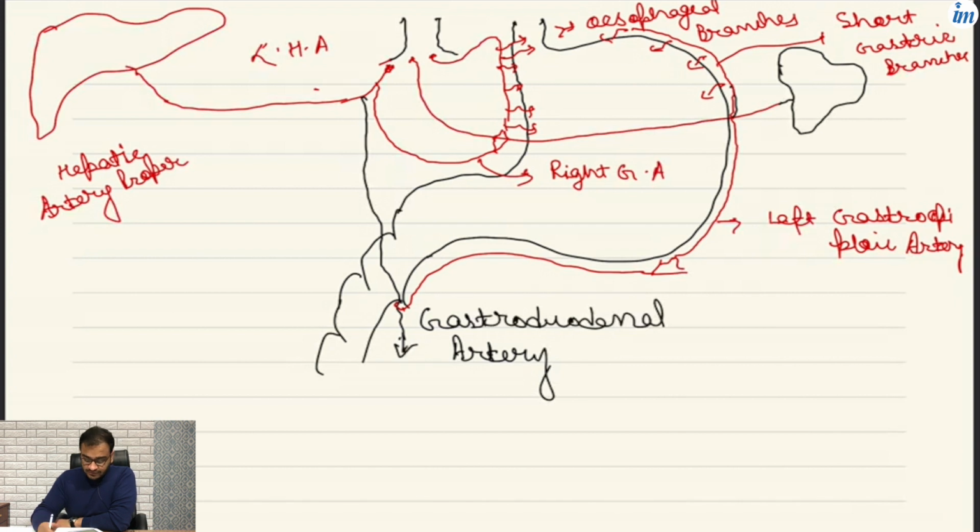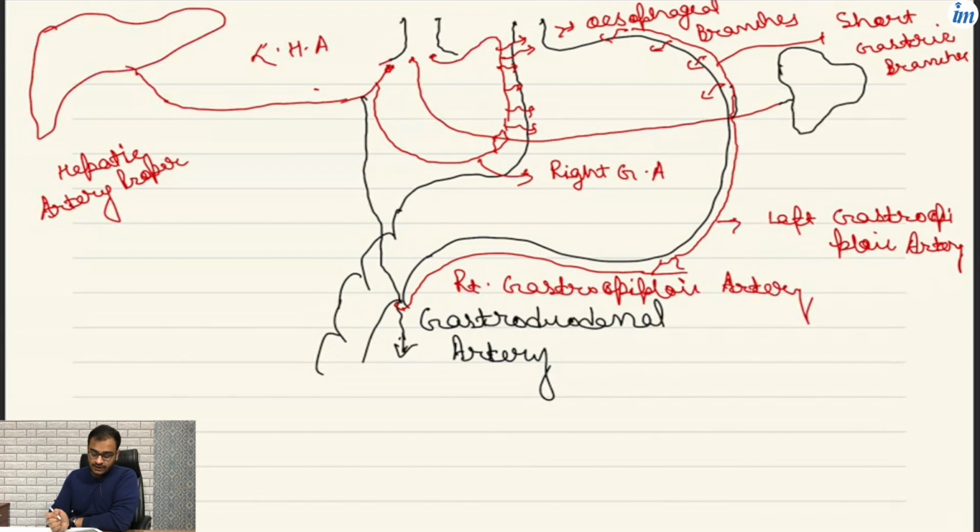Not directly: the gastroduodenal artery gives one branch, which is the right gastroepiploic artery. The right gastroepiploic artery anastomoses with the left gastroepiploic artery and supplies the stomach.